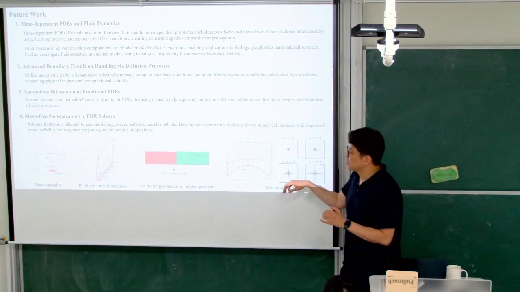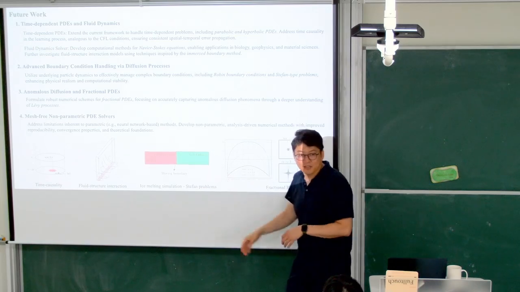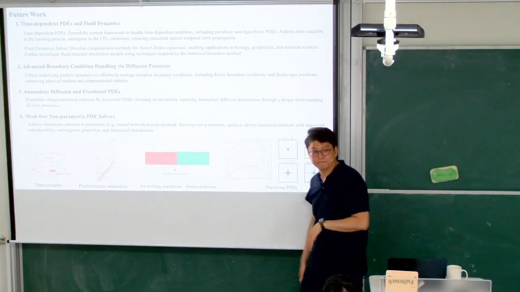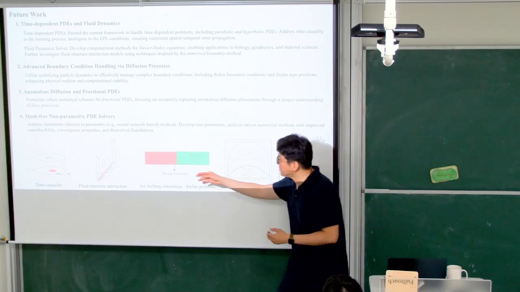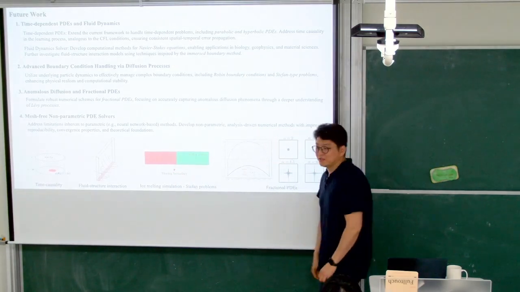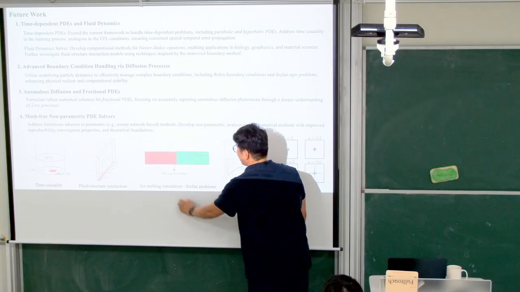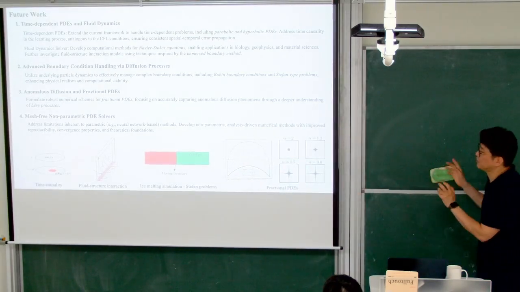Stefan type problems model, for example, water as well as ice, and when you put them together, the boundary moves. This is a kind of moving boundary, and maybe there is some real particle dynamics near here. So using internal particle dynamics to simulate this moving boundary is a very interesting modeling problem.